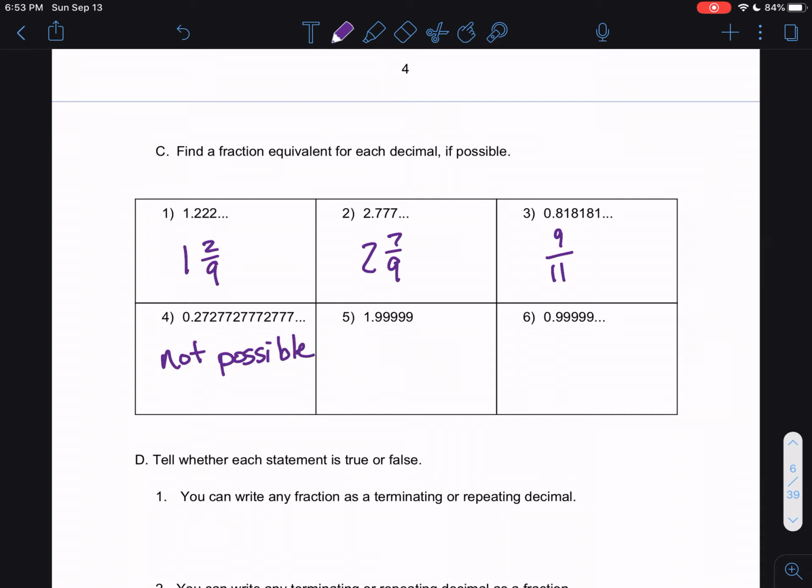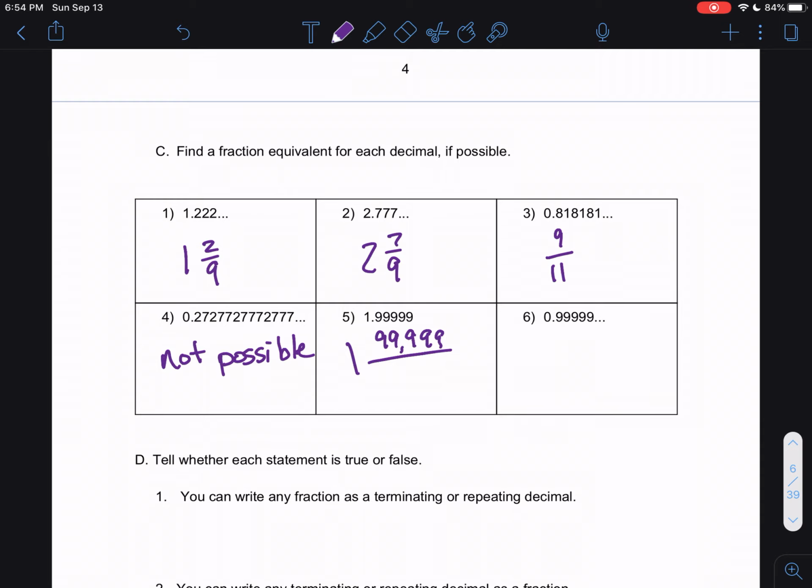Number 5, 1.99999. Notice how there is no dot, dot, dot. So it would not be 1 and 9 ninths. It would be 1 and 99,999. And then because it's a terminating decimal, what you do is if you were to name this decimal, then however your decimal place, the smallest decimal place, becomes your denominator.